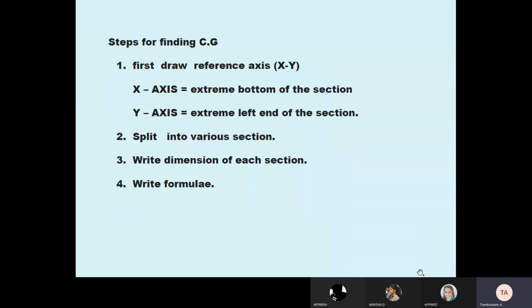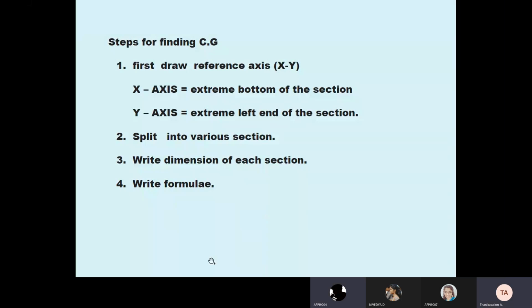Then the steps for finding CG. Kavi, can you read the statements?